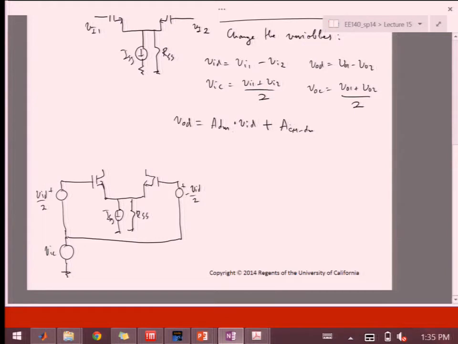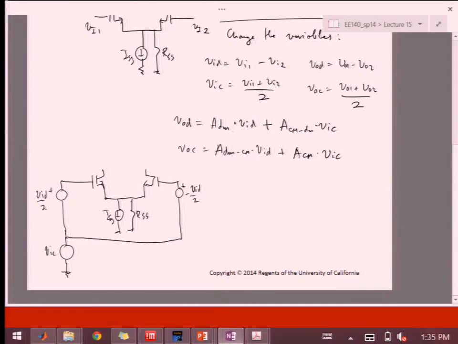So this is common mode to differential mode conversion, times VIC. And then VOC will be a differential mode to common mode times differential input, and then the common mode times the common mode input.